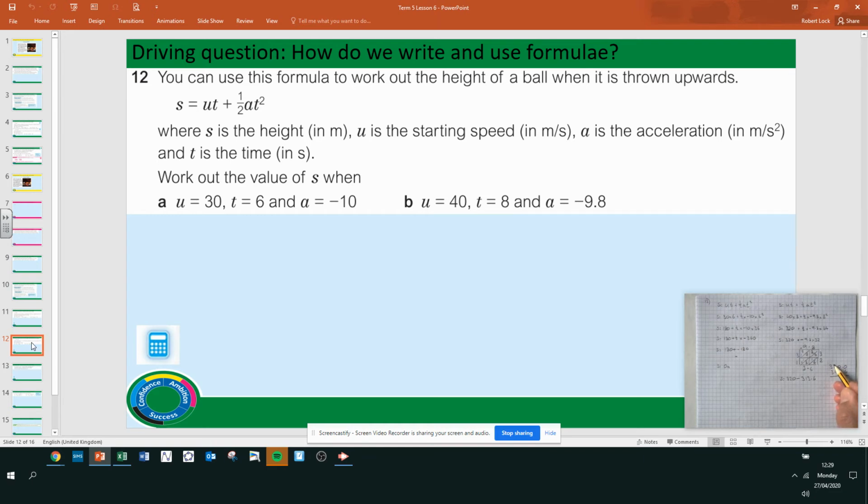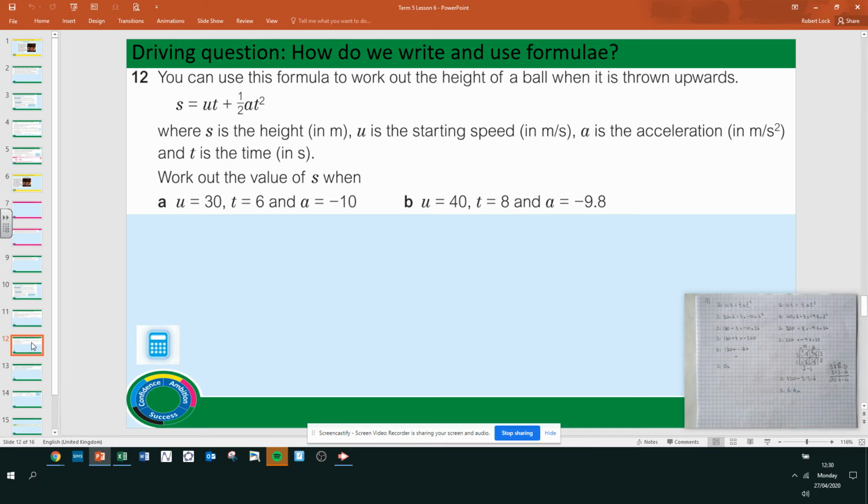Go next door, 2. Take 1 from the 2, and borrow 1 there. That'll make 9. So 10 take away 6 is 4. 9 take away 3 is 6. 1 take away 1 is 0. And 3 take away 3 is 0. So the answer is 6.4. S equals 6.4 meters.